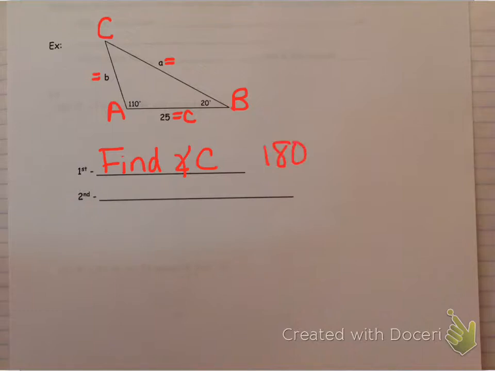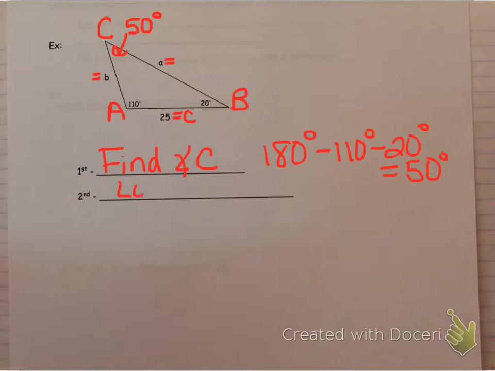There are 180 degrees in a triangle. We take away the two angles that we already know, and we figure out that angle C is 50 degrees. So that angle right there is 50 degrees. And now we can use the law of sines.